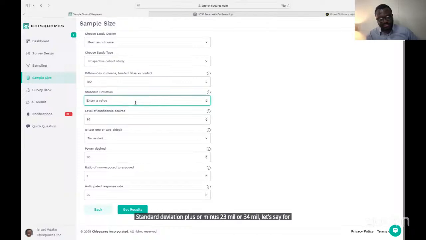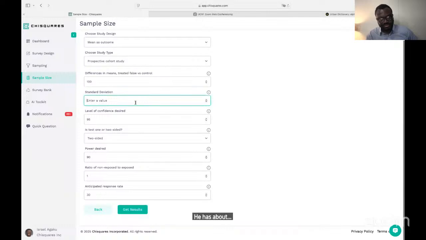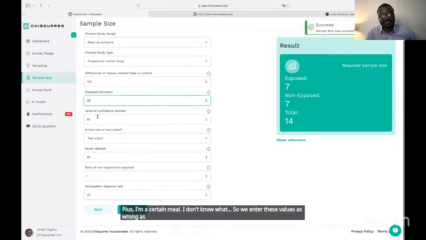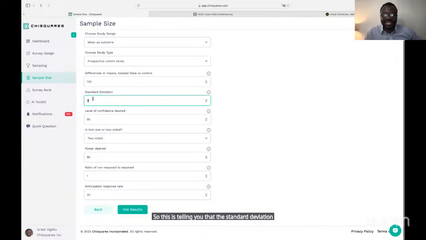And then in the control group, it has about plus or minus 30 mil. When you enter those parameters, as raw as they were, this is the kind of thing we got.